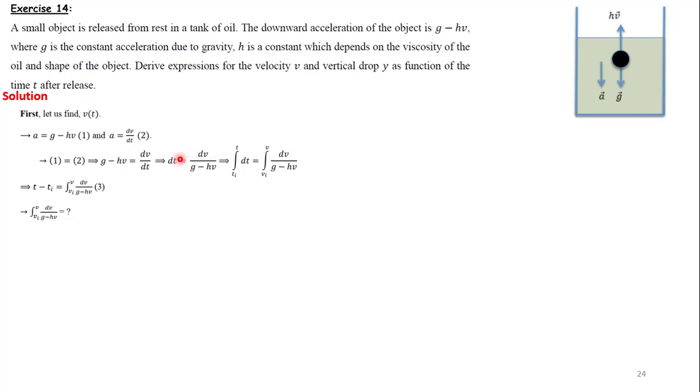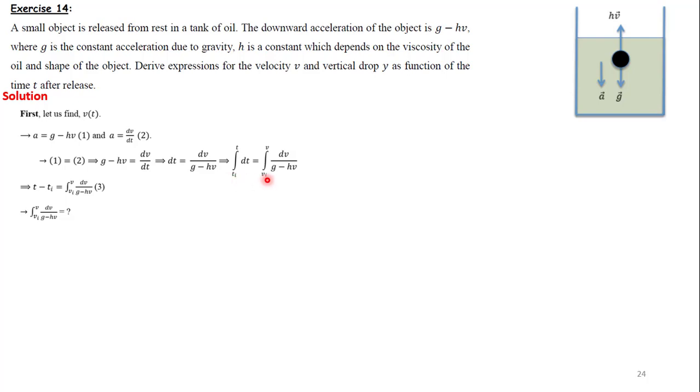And then we can take the integral of dt between t initial and t, equal to the integral of dv over g minus hv between v initial and v. We know that t initial is 0, and we know that v initial is 0, so we can quickly replace ti with 0 and vi with 0.